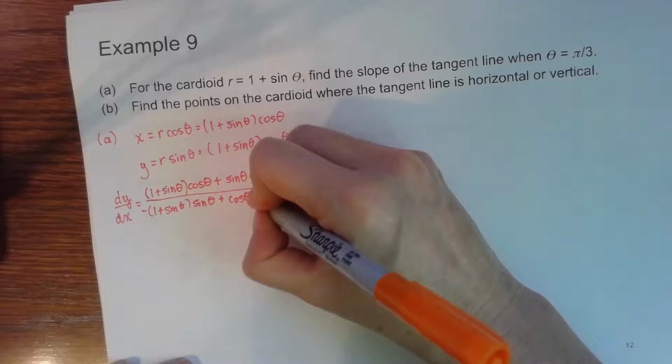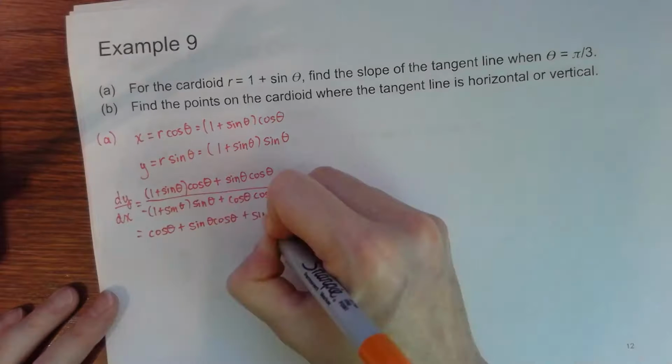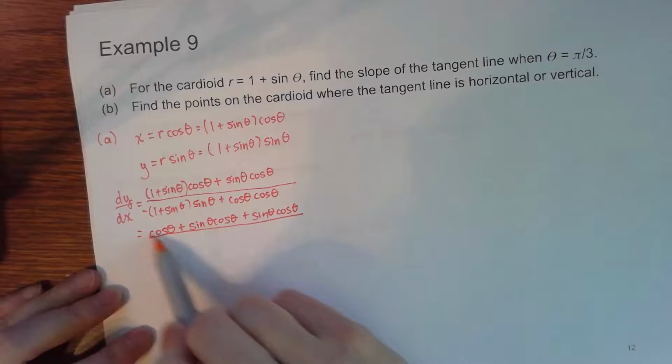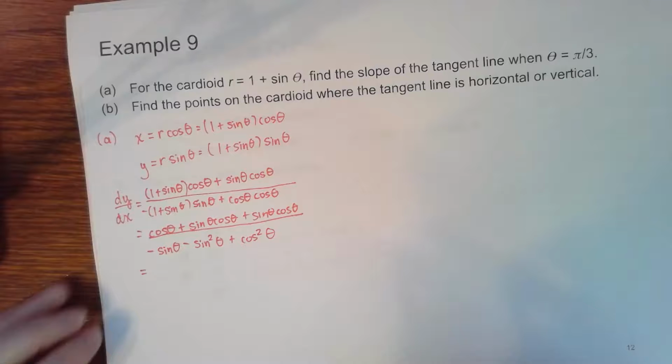Okay, so let's simplify this a little bit. We have here cosine theta plus sine theta cosine theta plus sine theta cosine theta. And in the denominator, I'll just think of this as negative sine. So we've got negative sine of theta minus sine squared of theta plus cosine squared of theta.